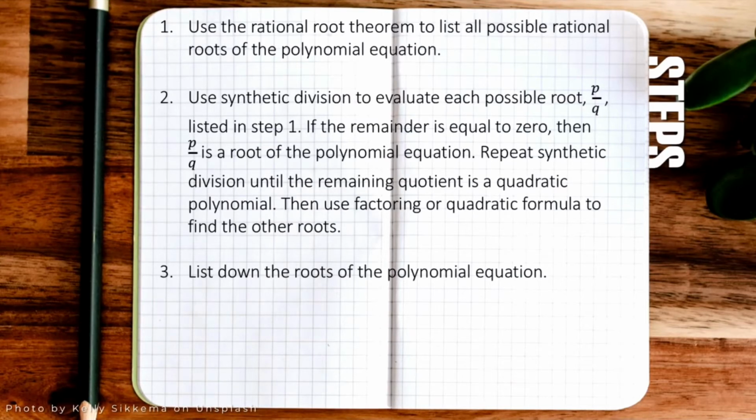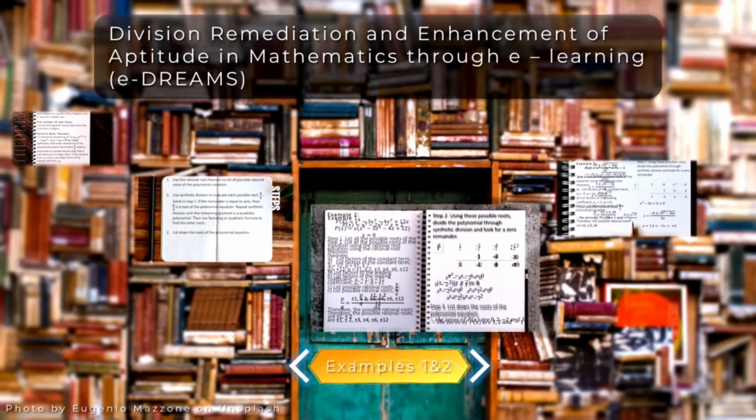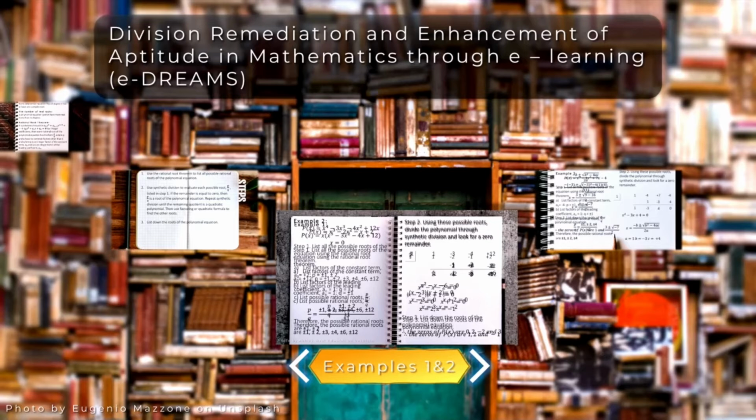Okay, using these steps, let's have an example. Example number 1. The function f of x, or the p of x, is equal to x cubed minus 2x squared minus x plus 2.